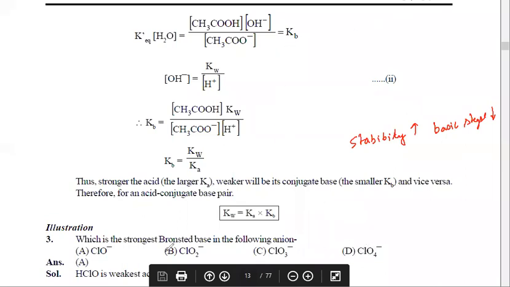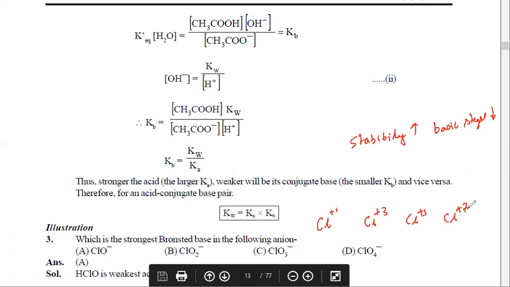For example, in ClO minus, the oxidation number of Cl is +1. ClO2 minus, the oxidation number is +3. ClO3 minus is +5, and ClO4 minus is +7.